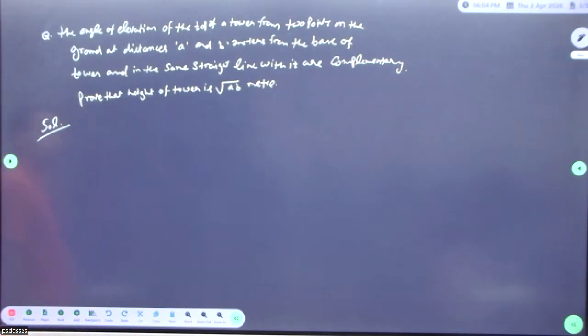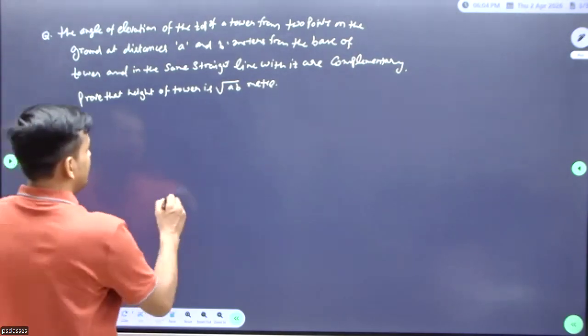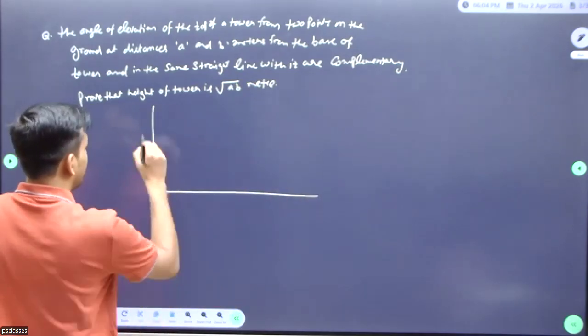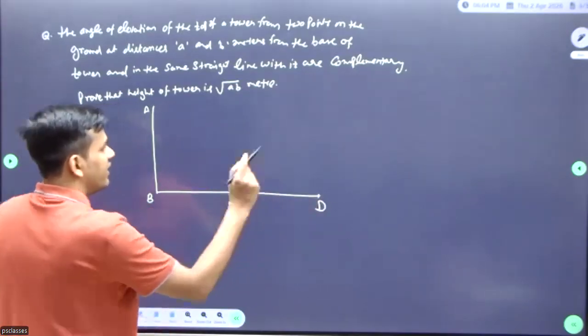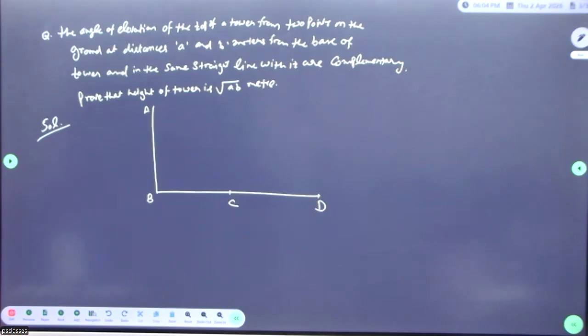The angle of elevation of the top of a tower from 2 points on the ground at distances A and B meter from the base of the tower. So points are at A and B meters from the tower, and we have to find the height of tower. So again, take the tower AB. Now suppose there are 2 points C and D at distances A and B meter from the base of tower.